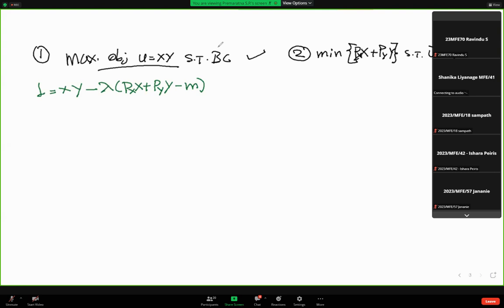Now after that, the first order condition: first differentiate the Lagrangian with respect to x, y, and lambda.